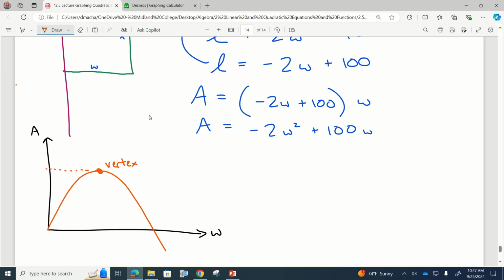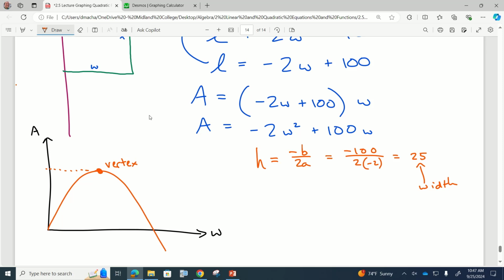So let's put this into vertex form, or at least we should calculate the vertex maybe. The x-coordinate of my vertex is negative b over 2a. So that's negative 100 over 2 times negative 2, which is 25. That's the width, right?